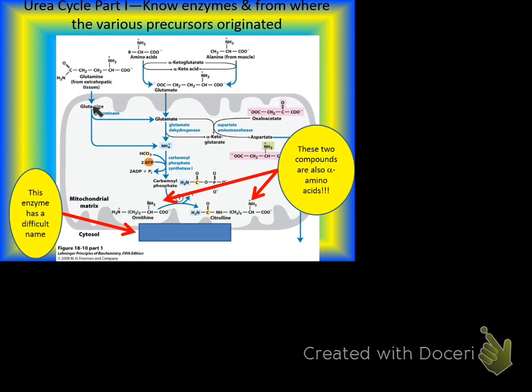The enzyme that removes that terminal nitrogen group from glutamine, once it's inside the mitochondrial matrix of the liver cells, is called glutaminase. So now we have both species being glutamate. And we talked about there being two possibilities here for the glutamate. One is if we no longer need to make other amino acids, then you can just go ahead and use glutamate dehydrogenase, which requires either NAD or NADP.